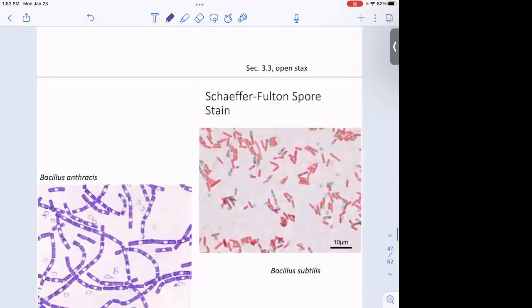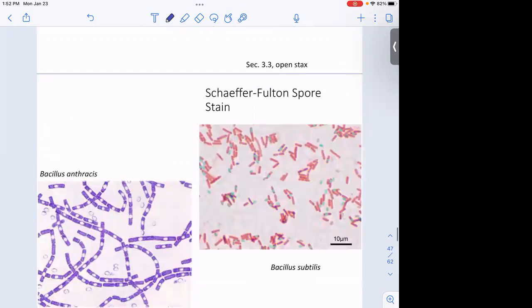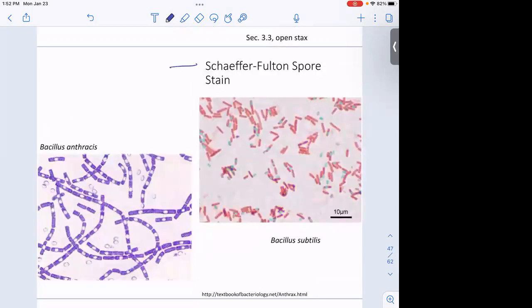If we stain these, this is a really cool stain to do. Like I said, this is a staining procedure that if you're in lab, you'll get to do next week. The spores will look green after you finish the staining procedure, and the vegetative cells will be red. This is the organism that causes anthrax, which has very characteristic boxy-shaped bacilli cells.